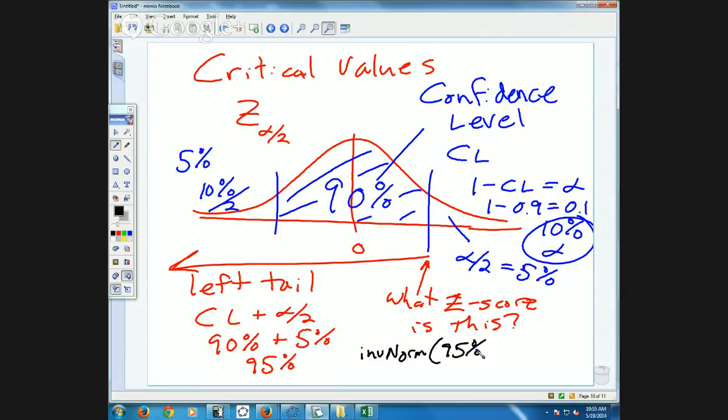To get the right z-score, I have to be careful about that. And then I'm doing z-scores, so it's a 0, 1. What do you get when you do that? Inverse normal of 0.95 gives 1.644, like I was using, right? So that number I didn't just make up. I calculated it. So 1.64 is the approximate z-score for a 95% left area, which puts 5% in each tail.